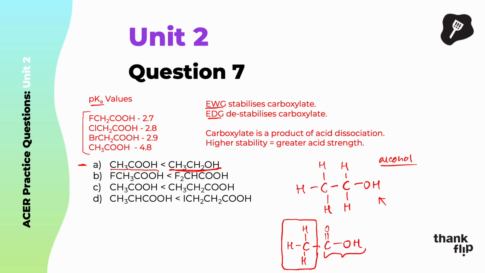And because it's an alcohol as well, even if you don't know exactly the, I guess, Ka of an alcohol, you can kind of tell that because this one is an acid and this one is not even called an acid, it's called an alcohol, you could tell that this is not going to be true. The alcohol would probably not be more acidic than the acid, right? So you can kind of eliminate this for now.